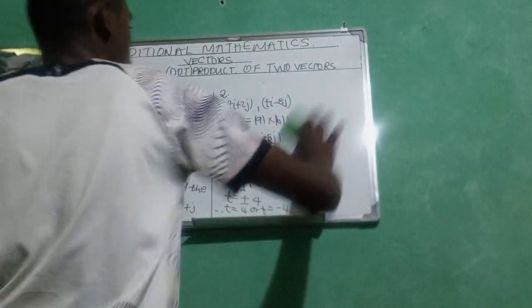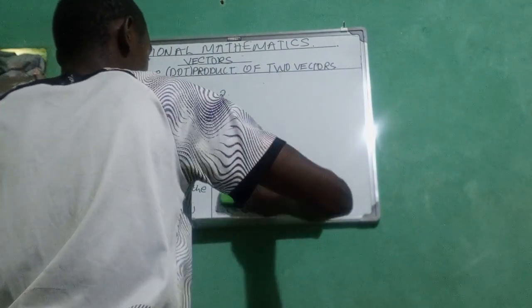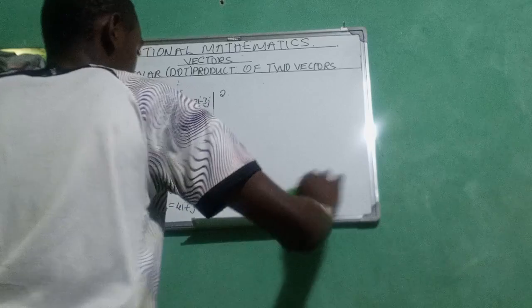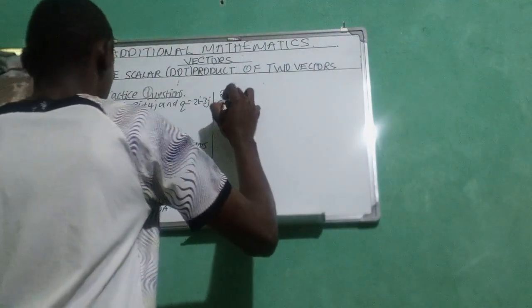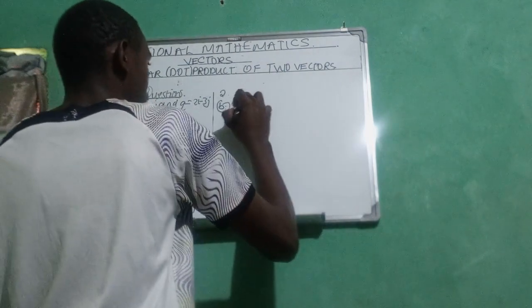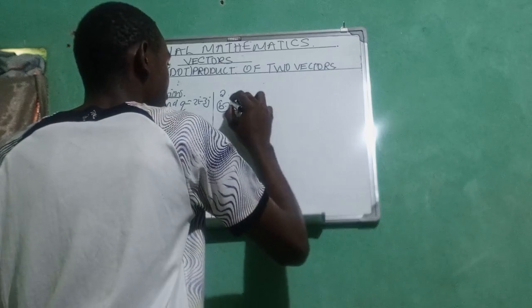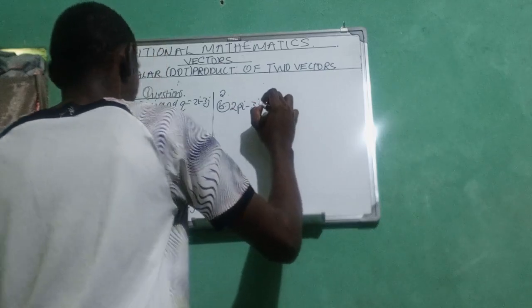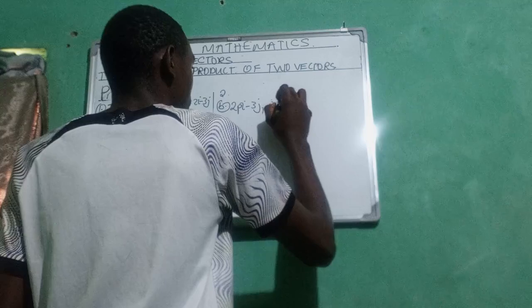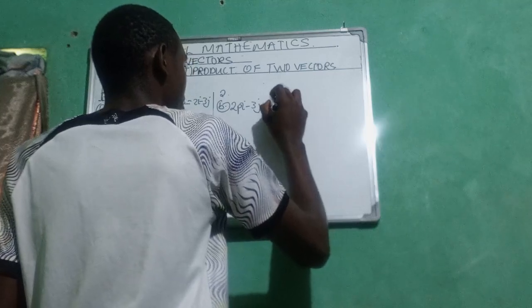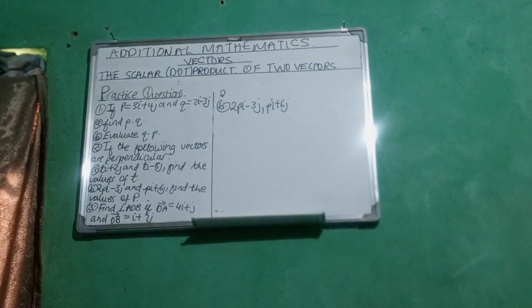Then we go to question 2b. Question 2b says 2pi minus 3j and pi plus 6j.